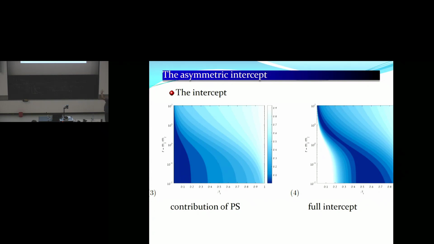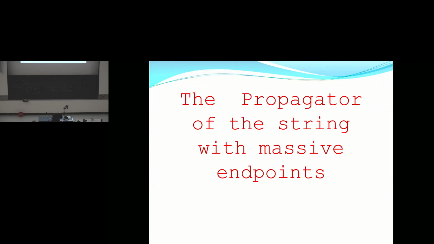Also, charges can do it, and spins. But to get what we want exactly, we still don't know. But this is, I think, the most important problem in the hadronic spectra: to understand why the intercept is always negative.